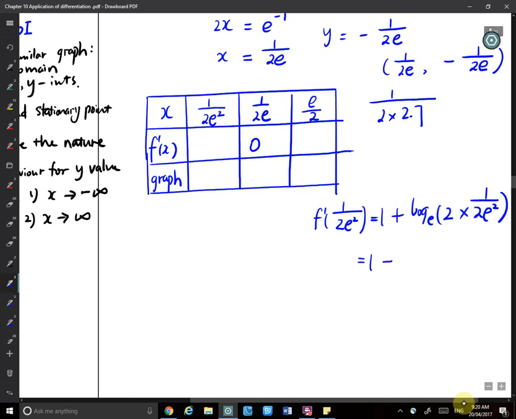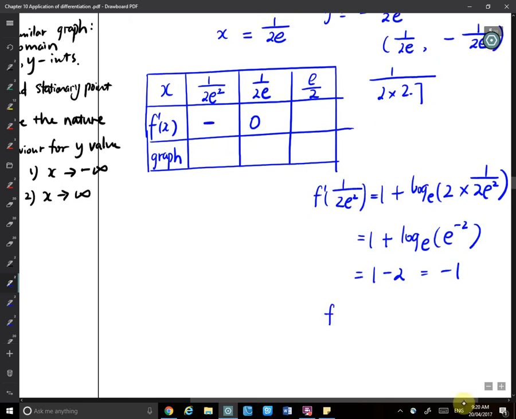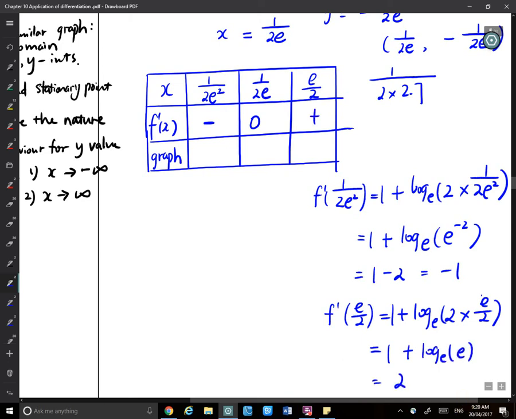That is 1 plus log e to the power of negative 2, which equals 1 minus 2 equals minus 1. That is a negative number. f'(e over 2) equals 1 plus log e of 2 times e over 2. That is 1 plus log e e, which is 2. That is a positive number.